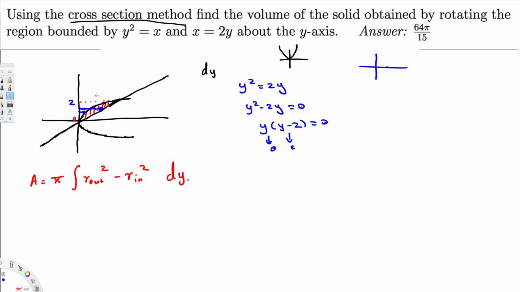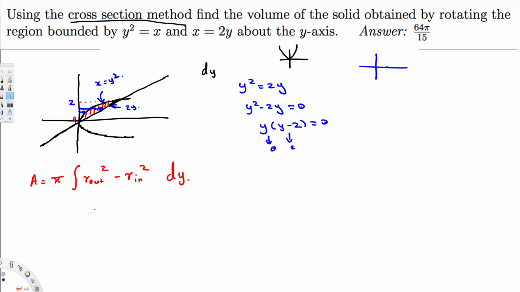Whenever we have dy, if you draw a line from the y-axis, wherever it touches last, that's the outer radius. Wherever it touches first, that's the inner radius. We know the function of this outer line is 2y, so that's going to be the outer radius. And the equation of this graph is x equals y squared, so this is going to be the inner radius.